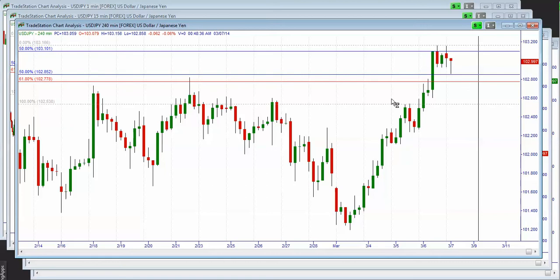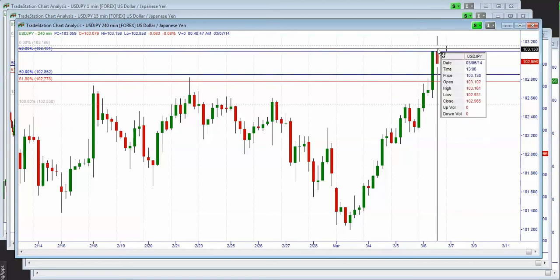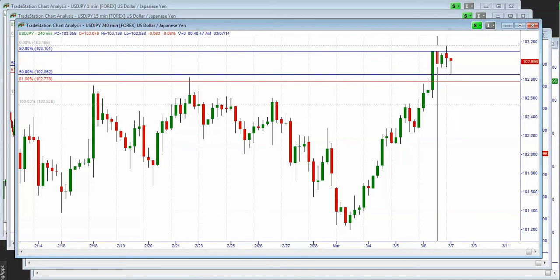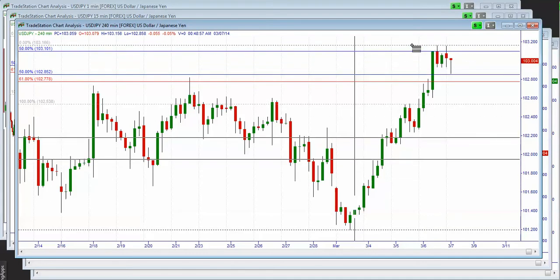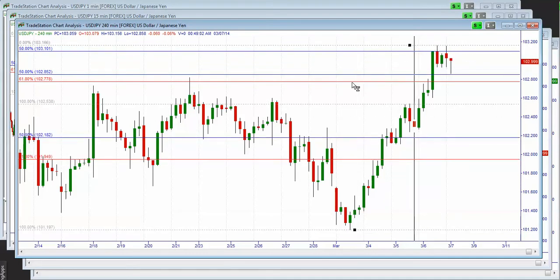There is a first trade, 102.76 short with a stop above the highs, and there is the potential to get into the all the way halfway back lows to highs here, which is 102.18.